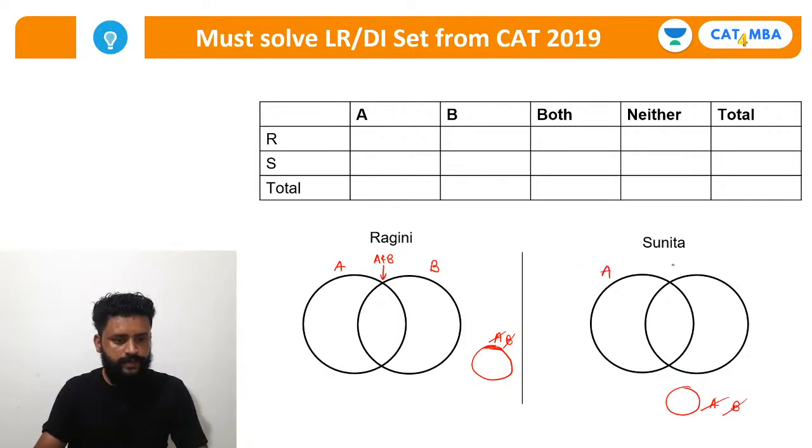So this will represent A, this will represent B, this will represent A and B.